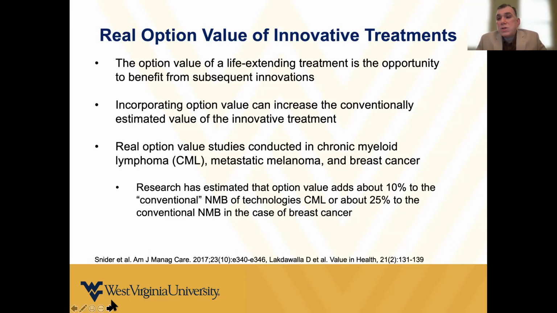And in breast cancer, it was a little bit higher. It was 25% to the conventional NMB. So again, the message would be newer techniques and clearly focusing on adding some new ways of quantifying value and showing the overall value of the treatments that we are using.